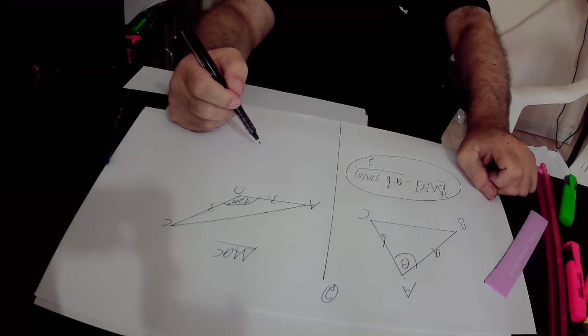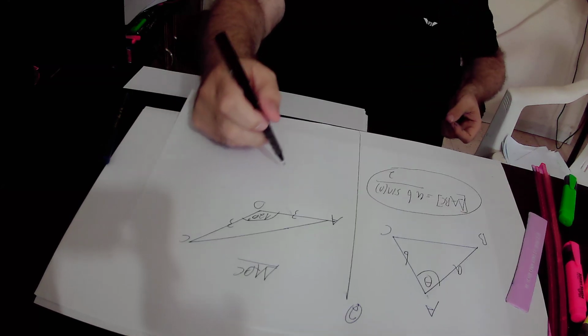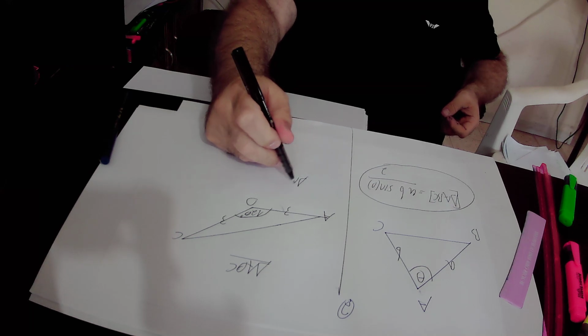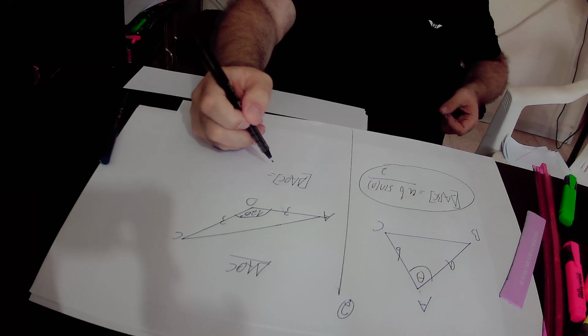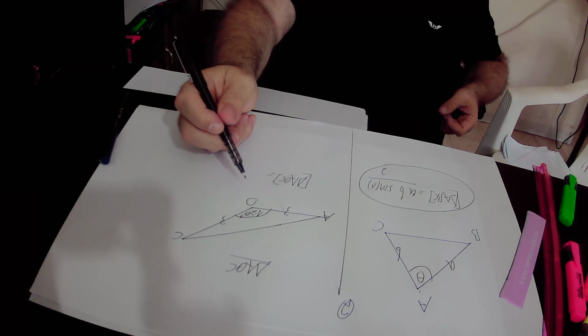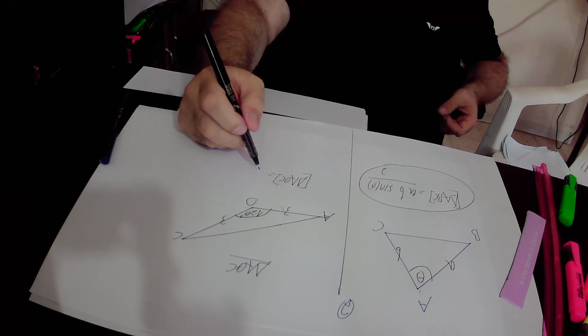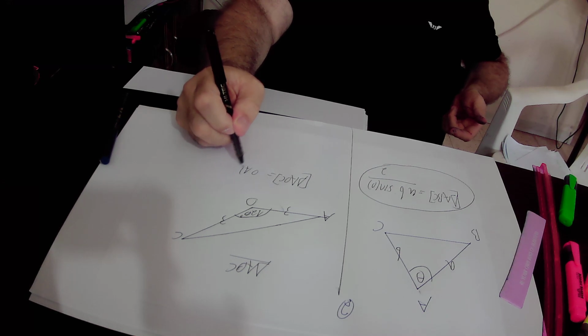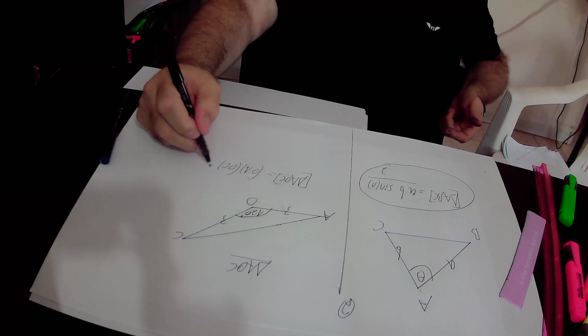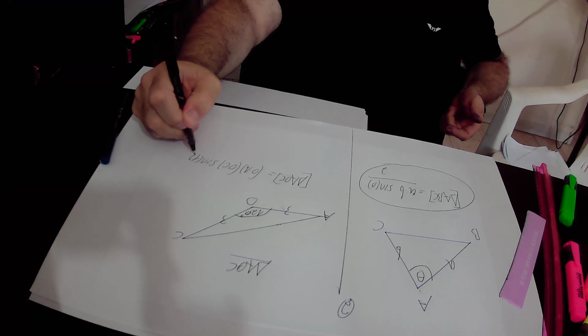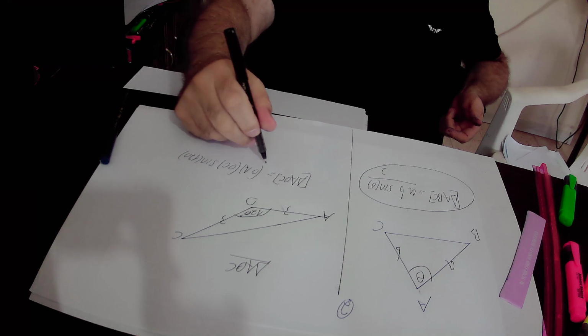According to the new formula, the area of this triangle AOC will be equal to AO times OC, or OA times OC, times sine 120 degrees over 2.